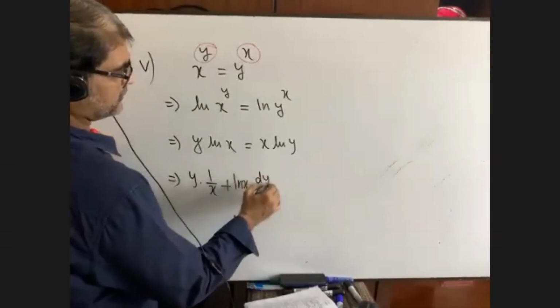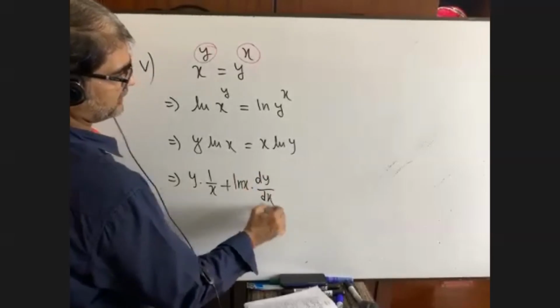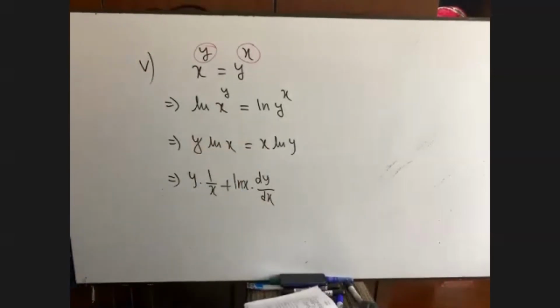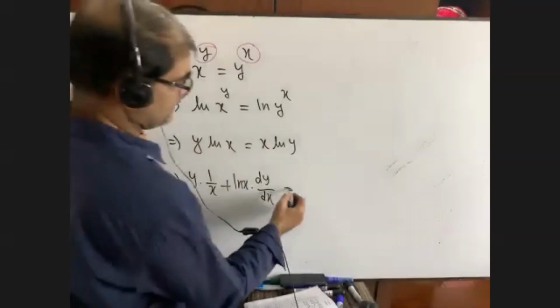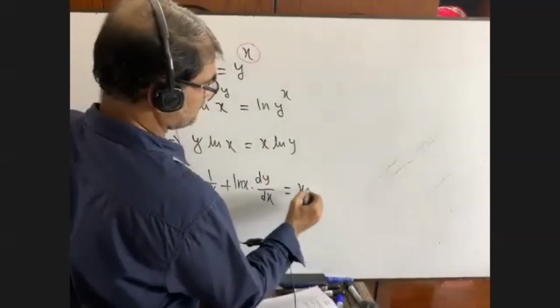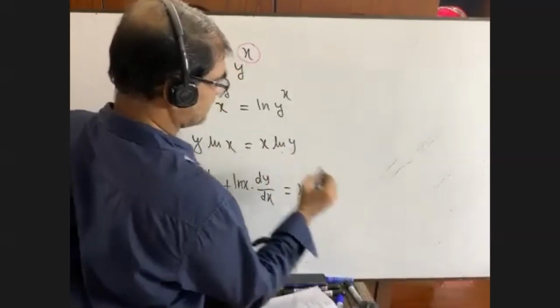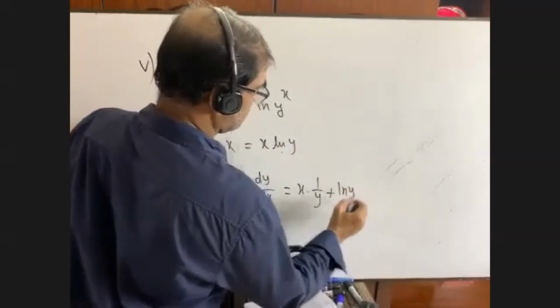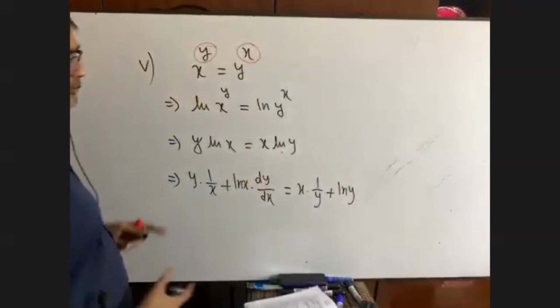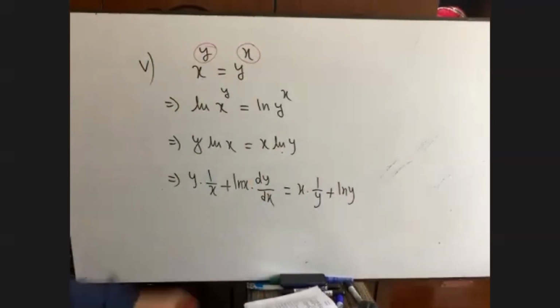Dy by dx. Remember one thing, y is always dy by dx. So left hand side is done. Okay, see the right hand side. You see, it is x, very good x. Now you differentiate it: 1 by y. Then you keep it ln y. Then you differentiate x. X is 1. Math is done. Is it hard? Just let me know. Is it hard?